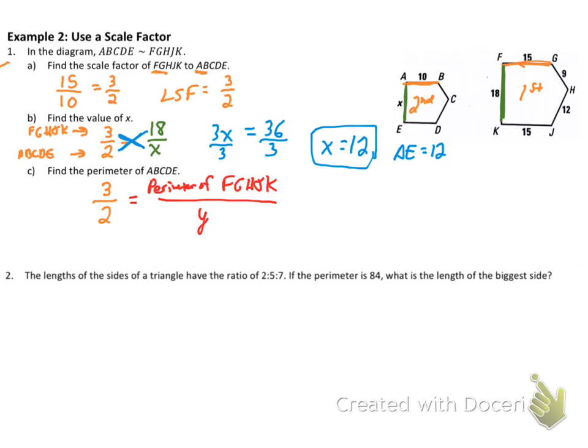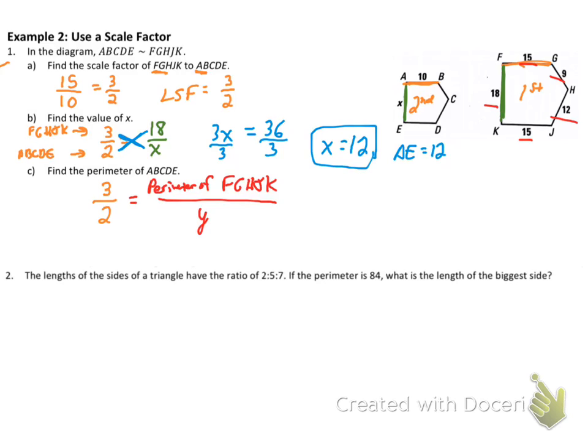All right, but if you'll notice, you know all the side lengths of FGHJK. So I can find the perimeter of that object. I'm going to do that. 18 plus 15 plus 9 plus 12 plus 15.